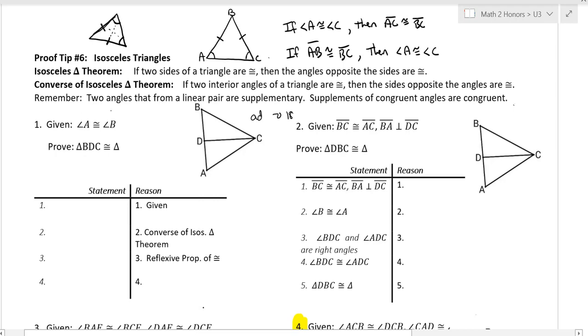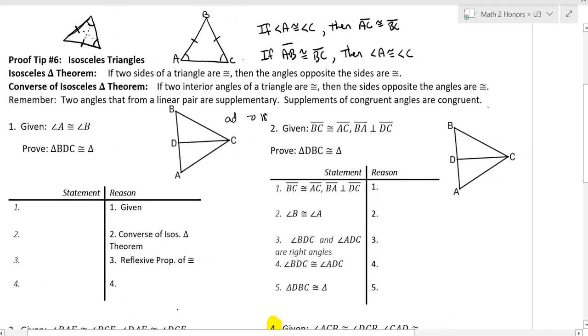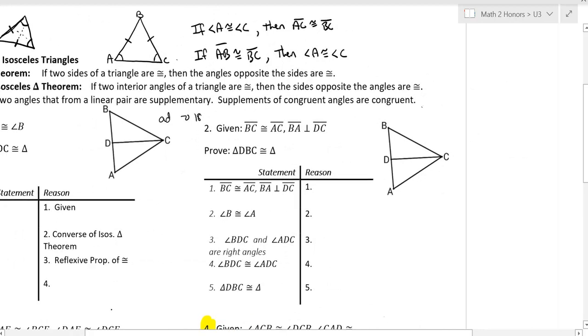It says, remember, two angles that form a linear pair are supplementary. If I have a line, that's where it's linear, and two angles that form that line, angle 1 and angle 2, we'd say that angle 1 and angle 2 are a linear pair because together they form 180.